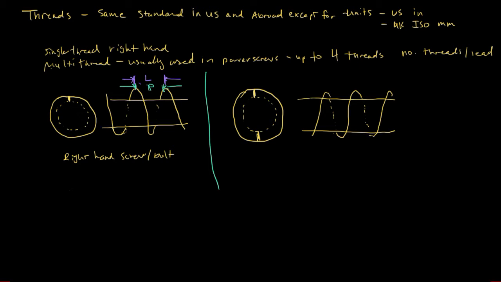And for multi-threaded, we actually have the other thread that comes down here and would go between that lead. And so if we take a look at this lead, the lead is defined as from thread to thread. Okay, so that's our lead. And then the lead for the orange is going to be the same. So we have the same lead, but in this case we have half the pitch.